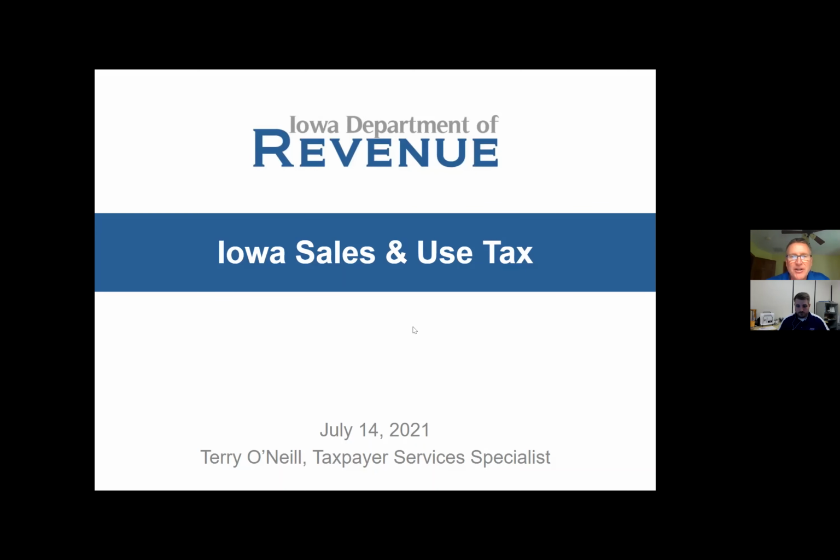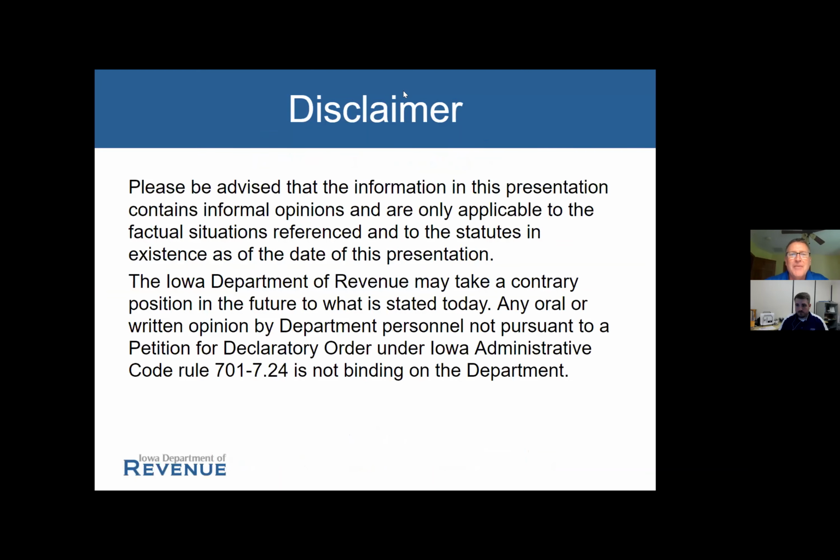So with that being said, we're going to talk about Iowa sales and use tax here today, and we'll just go ahead and jump right in. As always, before we ever get started with any presentations here at the Department of Revenue, we've got to put our little disclaimer slide up here. Basically, what this is saying is that anything that I or anyone else at the Department of Revenue says is not binding on the department.